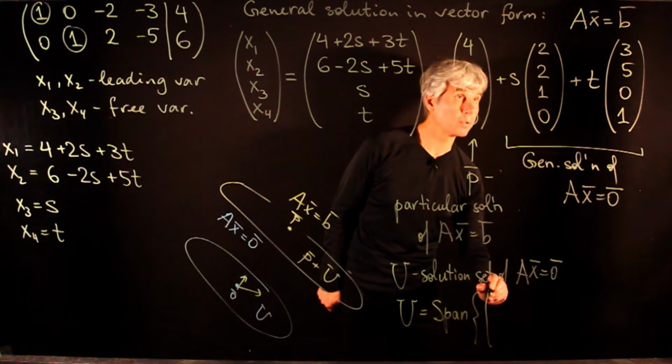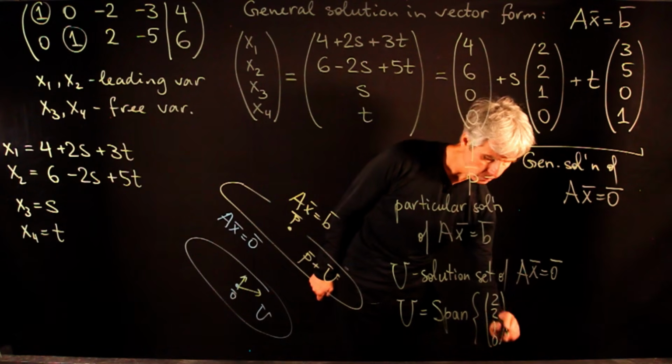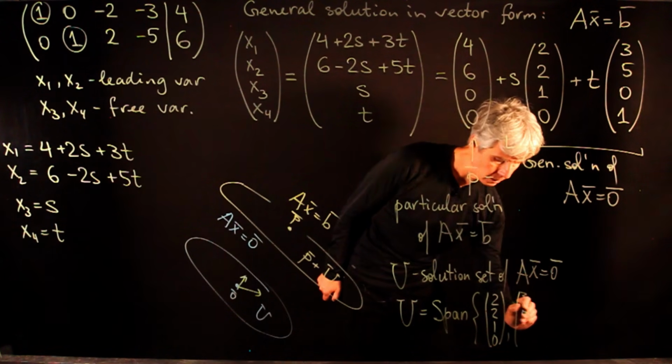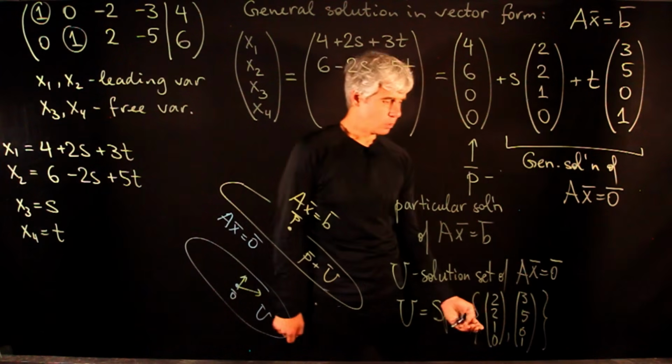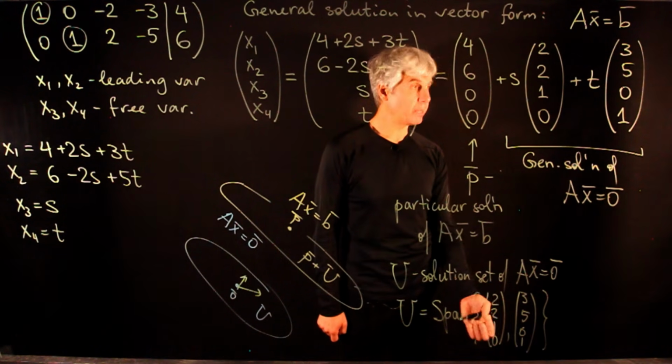So we have 2, -2, 1, 0 and 3, 5, 0, 1. So what is the span of these two vectors?